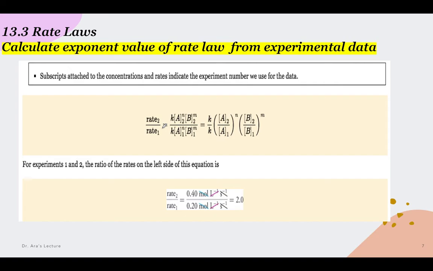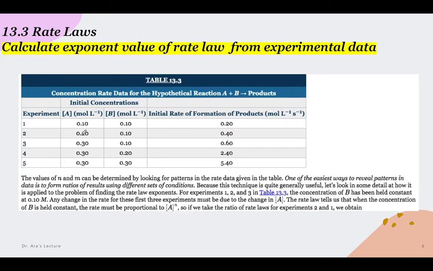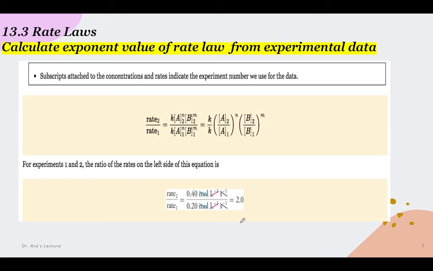Go back to the slide. See, rate 2 is 4, rate 1 is 2. This is the overall rate of formation of product, mole per liter per second. So that means we can calculate the rate ratio between experiment 2 and 1. See here, we find the number 2.